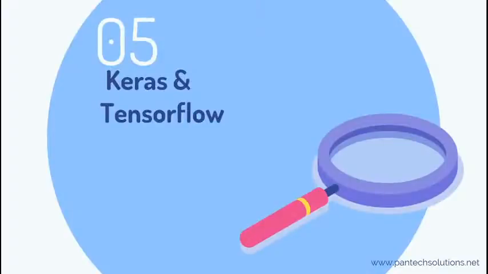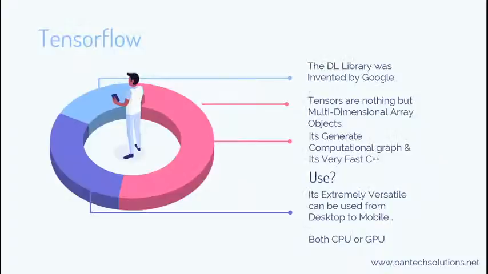Before we go to the coding part, I need to give a little introduction to Keras and TensorFlow. Keras and TensorFlow are packages we use to develop neural network algorithms, whether a convolutional neural network, RNN or DNN. For any neural network algorithm, we need these packages. TensorFlow was invented by Google.